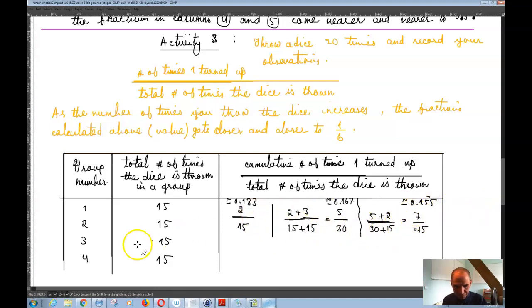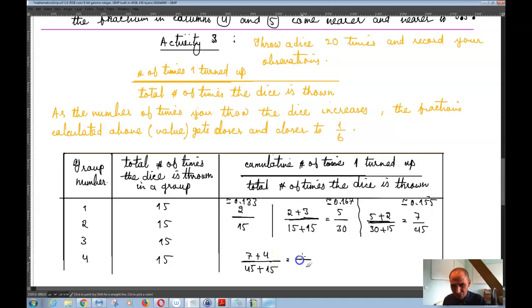And when we get to the fourth group, we already have 7/45ths, and I get to throw the dice another 15 times, and let's say I get another 4 ones.